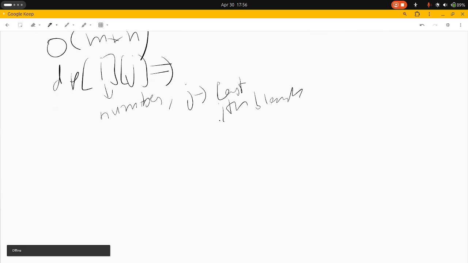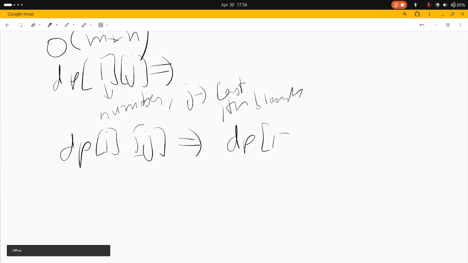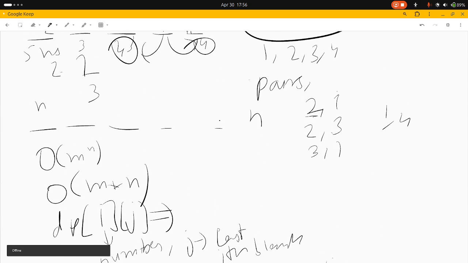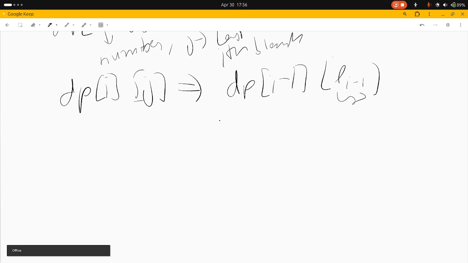We know that we can convert this into subproblems. So dp of i and j depends on dp of i minus 1 and the last letter of i minus 1. There is also a limitation which we cannot take, so we also have to take the limitations into consideration.